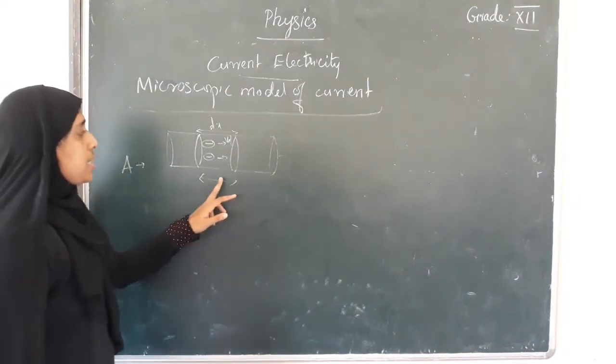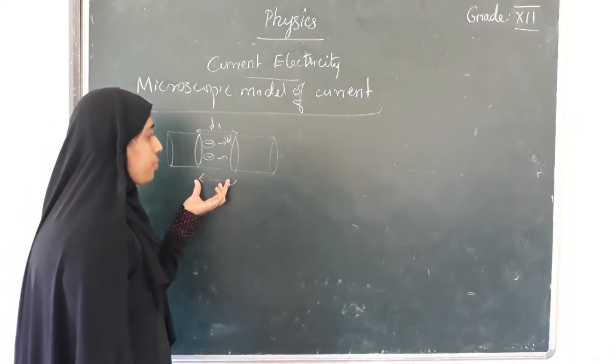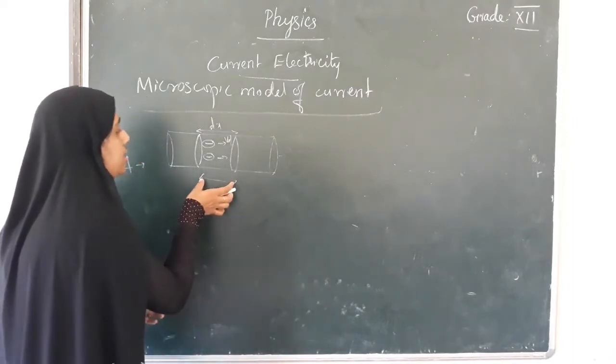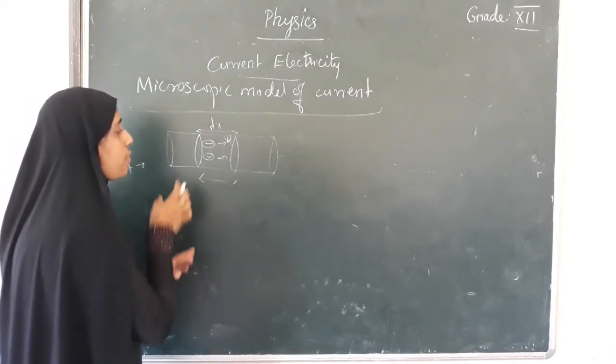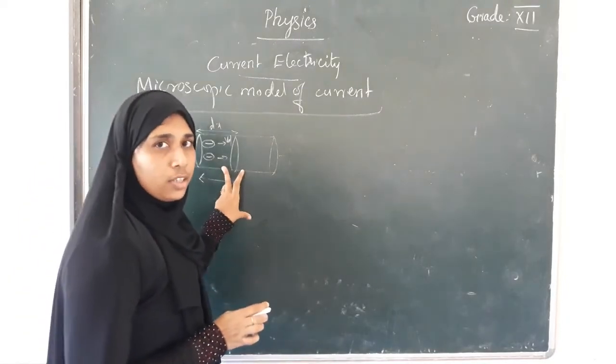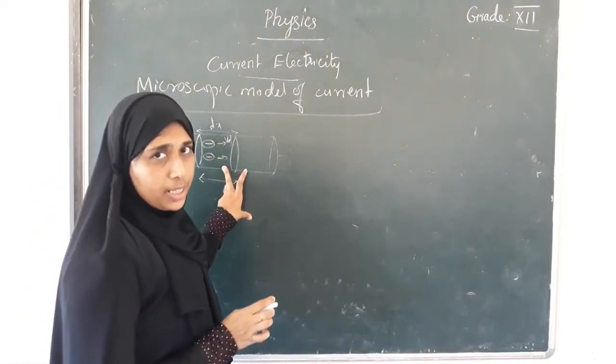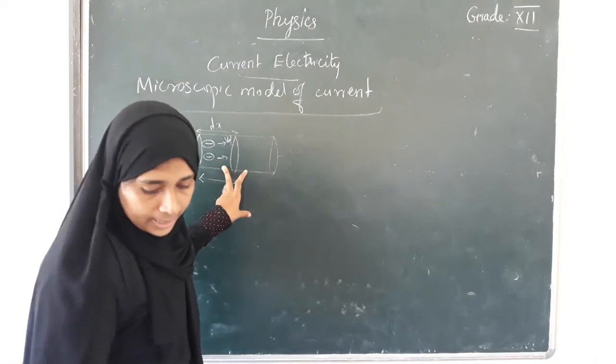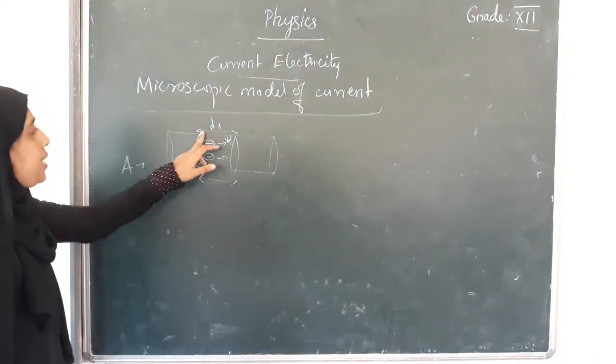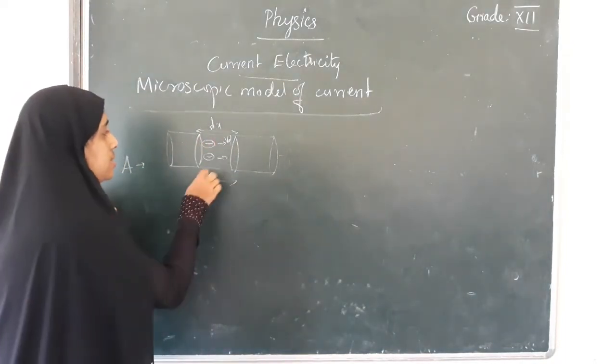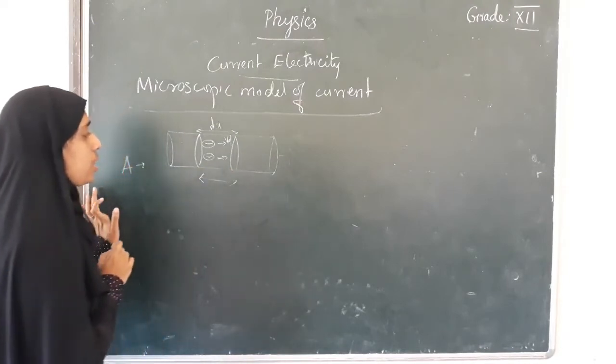With this distance, we are considering the flow of electrons. Let A be the area of cross section of the conductor and dx be the distance we have taken.